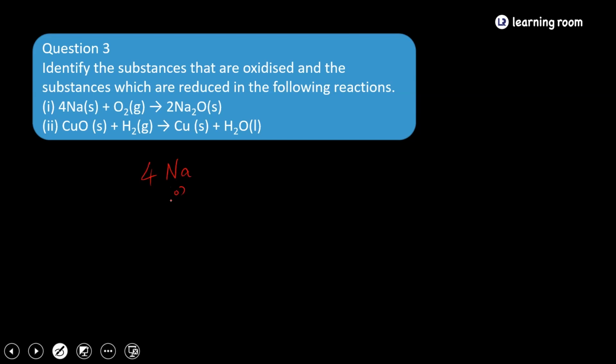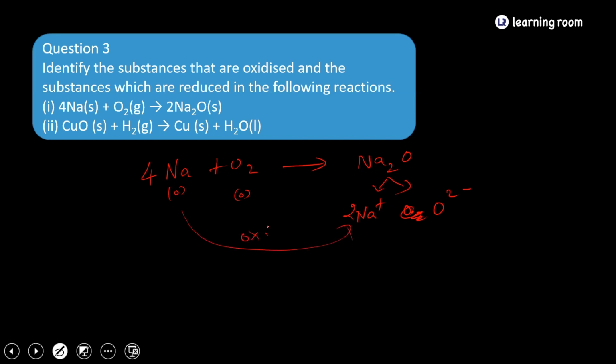Then sodium is 0. Correct? Plus O2. Oxygen is 0. Then it becomes Na2O. What does that mean? 2Na plus and O2 minus. So Na has gone from 0 to plus. What has happened? What reaction? O2 has gone from 0 to minus. What has happened? Correct?